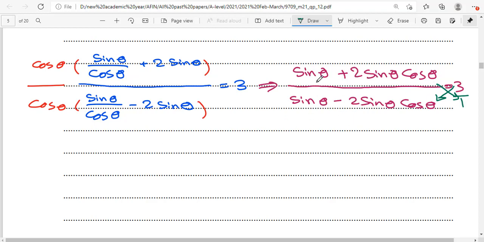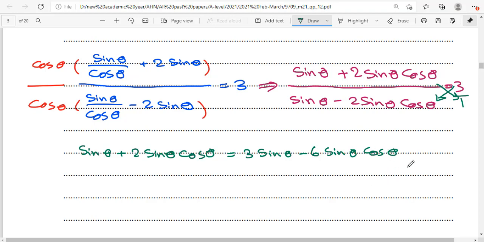Then 1 times this, the numerator stays the same, sine theta plus 2 sine theta cosine theta is equal to, the denominator will be multiplied by 3, so it's 3 sine theta minus 2 times 3, 6 sine theta cosine theta.